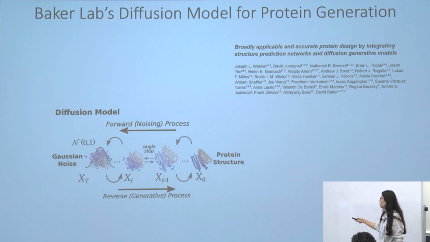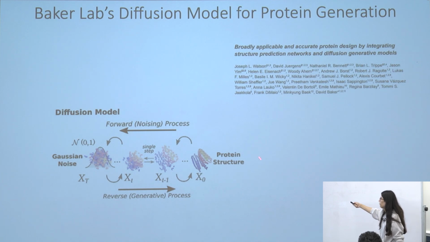So in their diffusion model, once again, they're going to start from some protein structure. So this is a well-defined, real protein structure, and then they start adding Gaussian noise to this. And then once we go over this forward or noising process, the model is going to learn how to reverse it by placing the atoms where they should actually be and having some structural loss associated with this process until we get here.